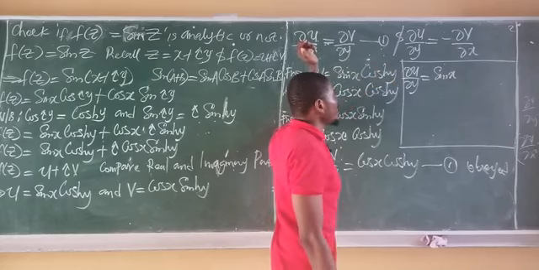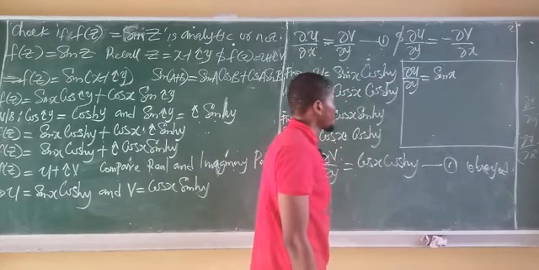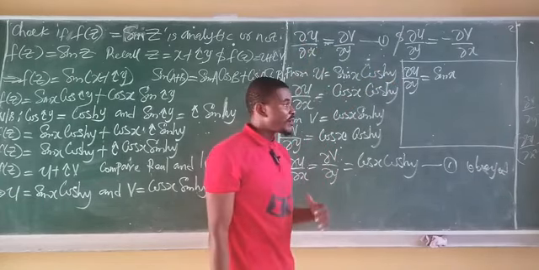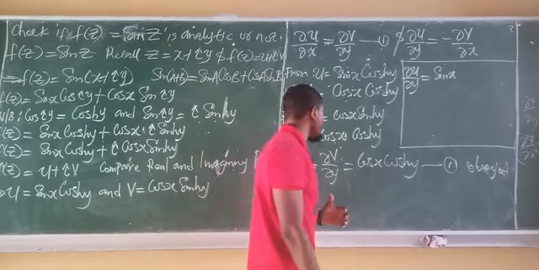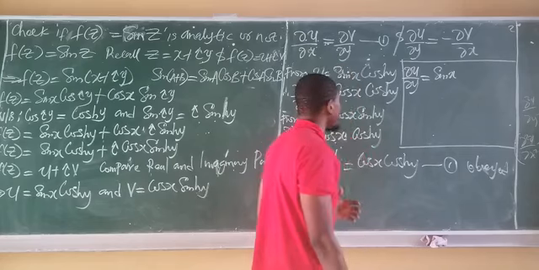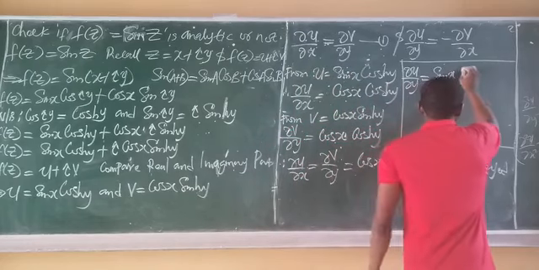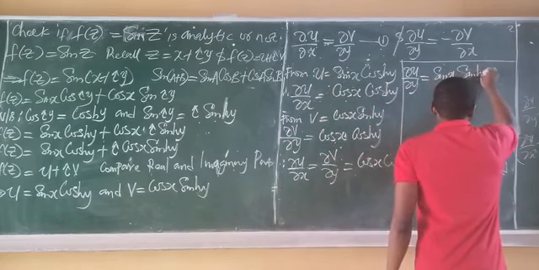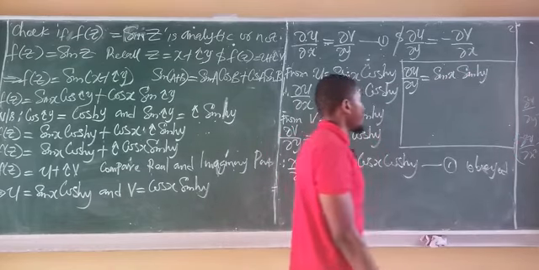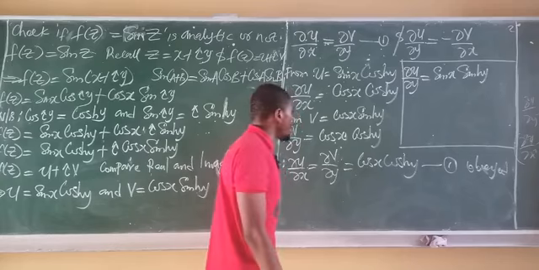Then we differentiate only cos y. If you differentiate cos y, you have minus sine y.